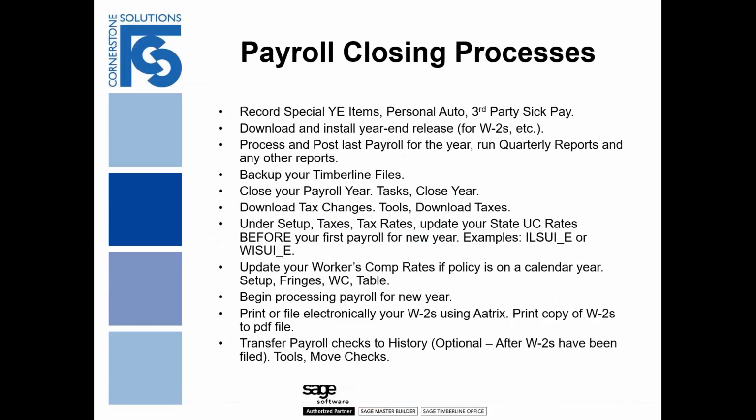So items to do, kind of the batting order, if you will. If you have any adjustments that you need to make, for example, if there's some employees paid through a disability insurance that might be taxable, that's really called third-party sick pay. Or you might have a situation where some of the employees in your company use a vehicle for personal use.